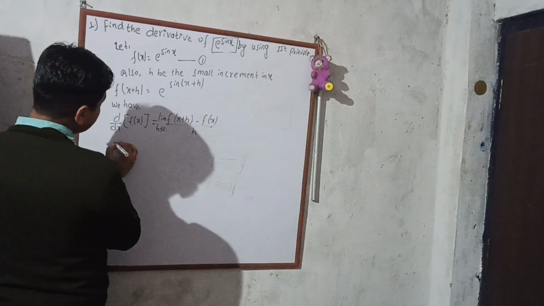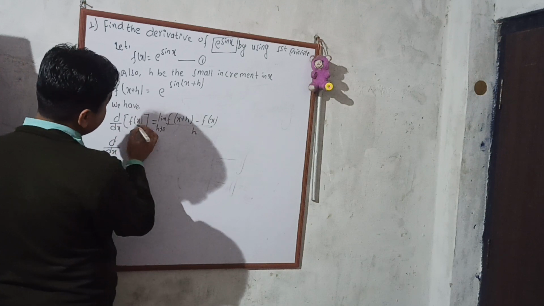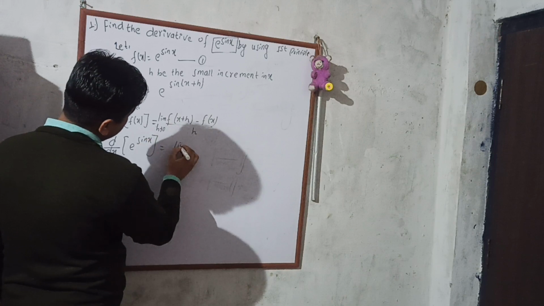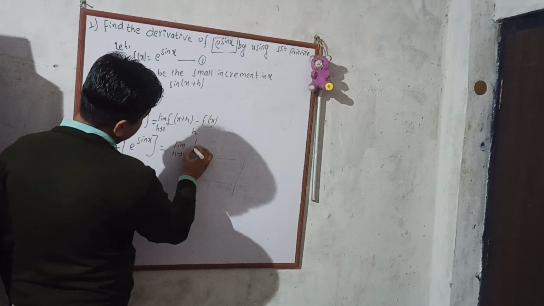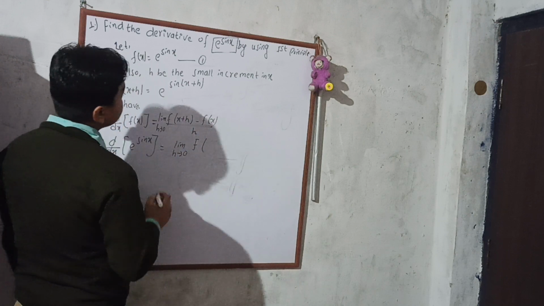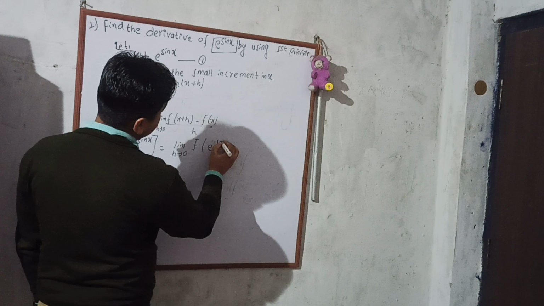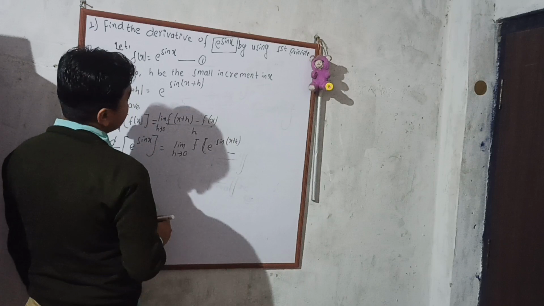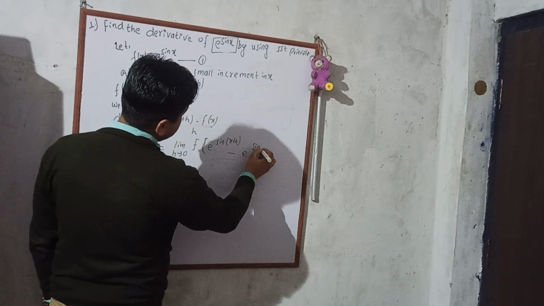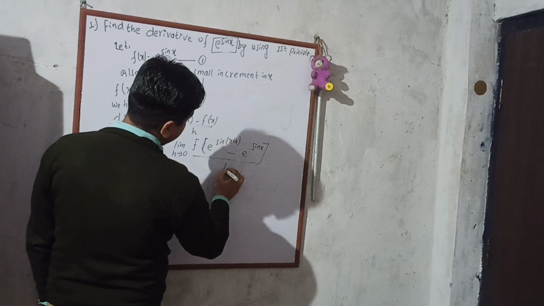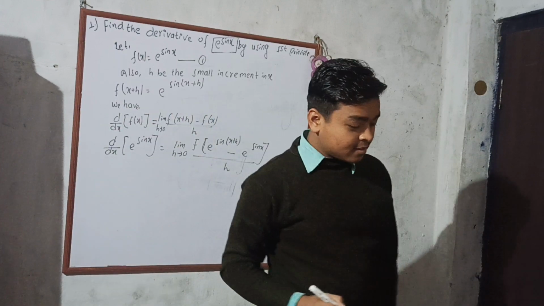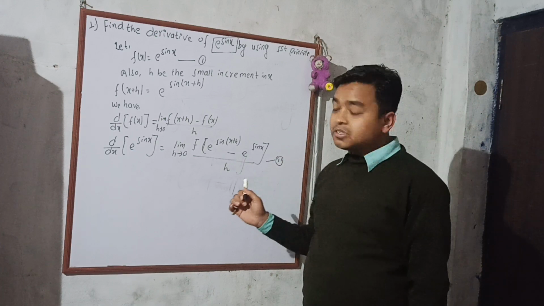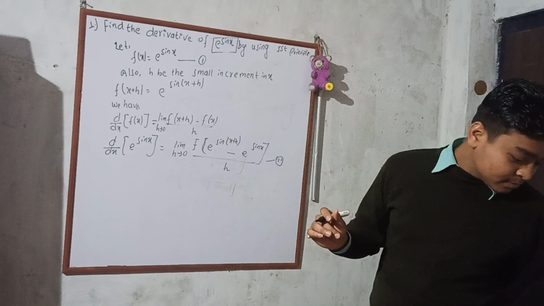You know it from the definition. Then d by dx of e to the power sin x is the limit h tends to 0 of e to the power sin(x plus h) minus e to the power sin x, divided by h. This will be equation number 2.